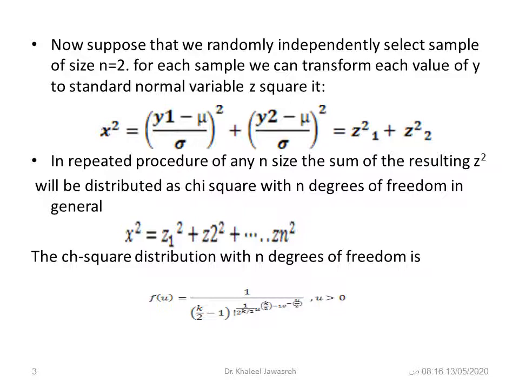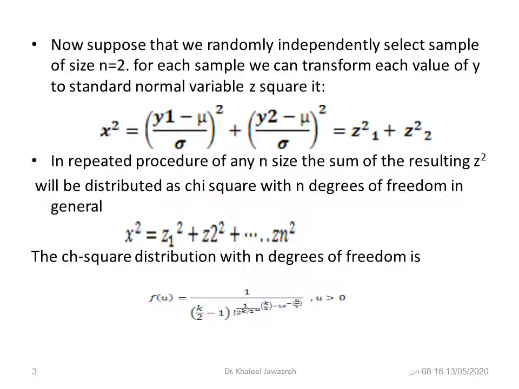So chi-square will be equal to the summation of the deviation of the first sample from the overall mean over sigma, and the second minus the overall mean of the population over sigma.